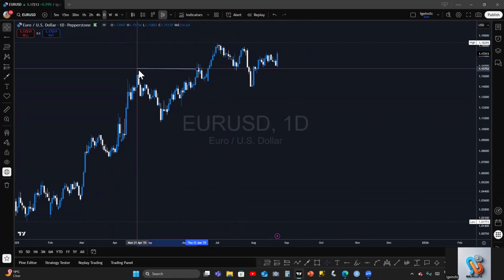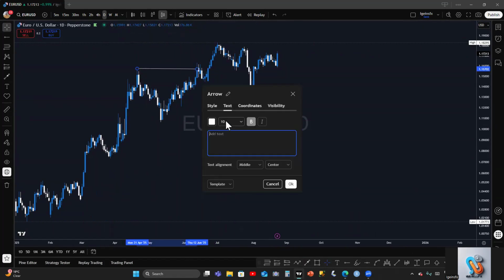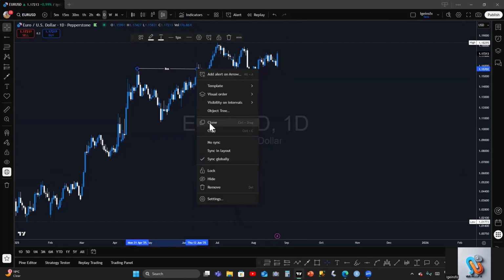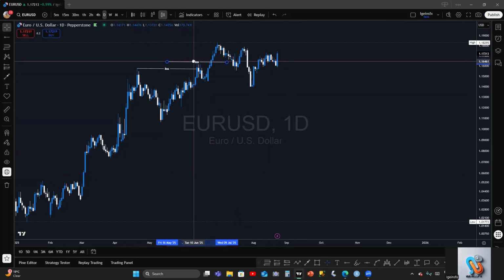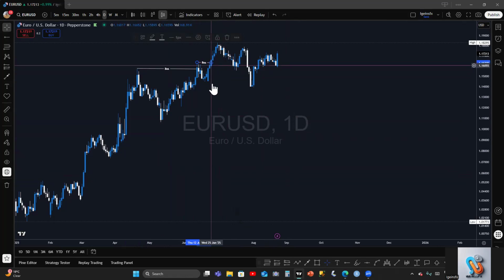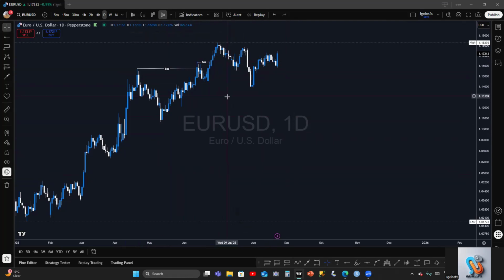Even though there's this small one, we have to recognize it, because in trading, no information is too small. You don't need to neglect anything at all.